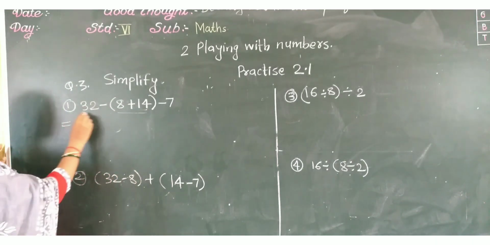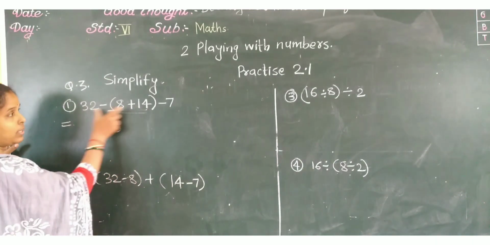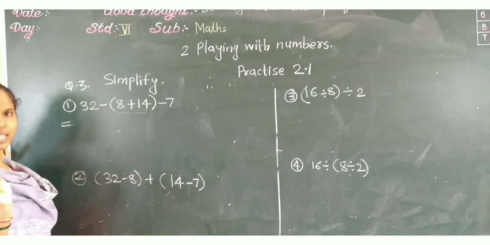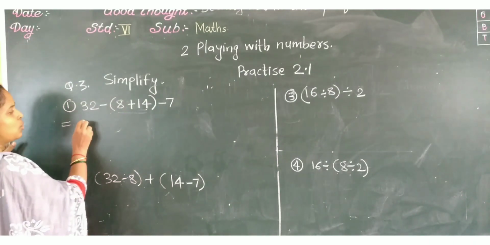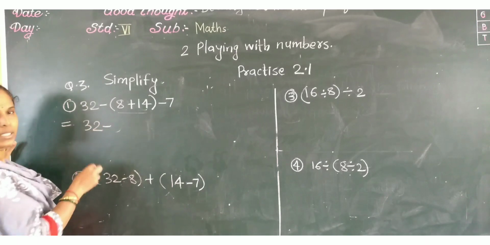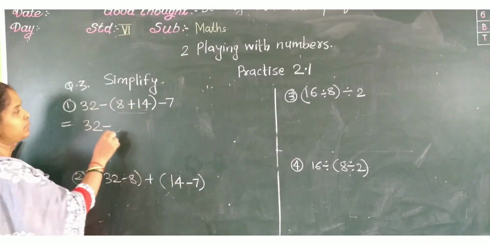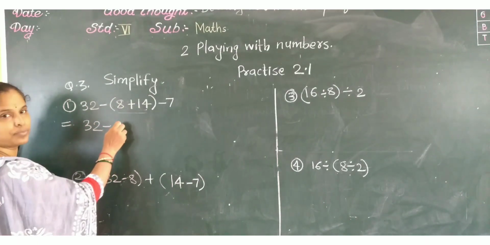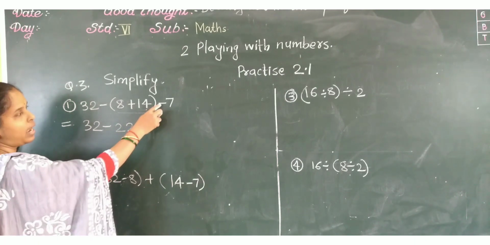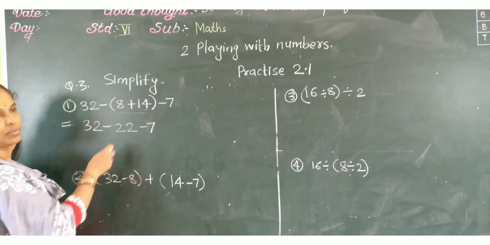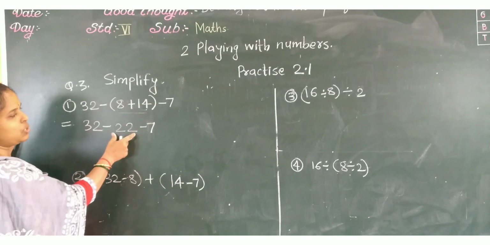While solving, other things we have to write as they are. We don't have to change them. So 32 minus 8 plus 14 is how much? 22. And after that minus 7. This bracket's answer is 22.